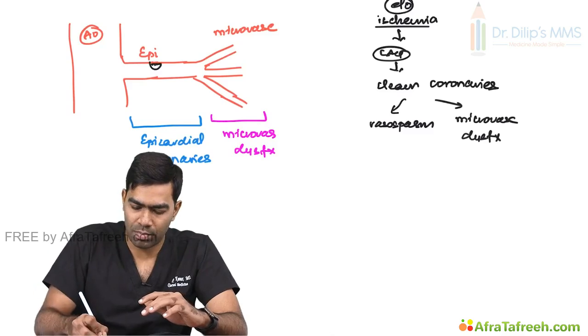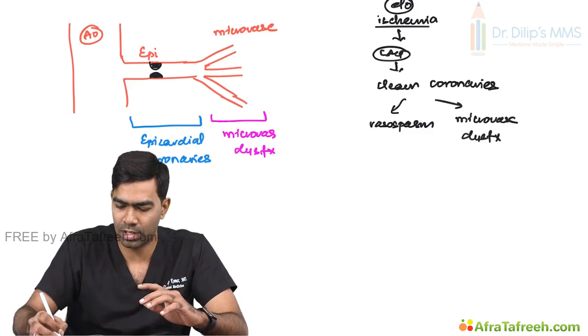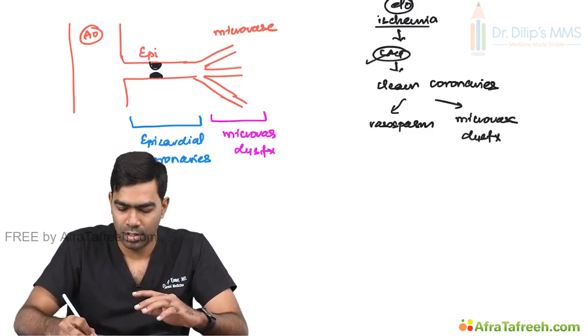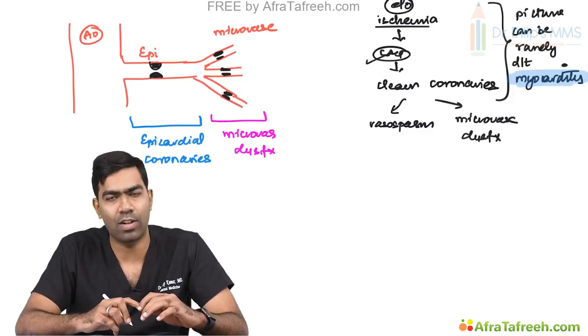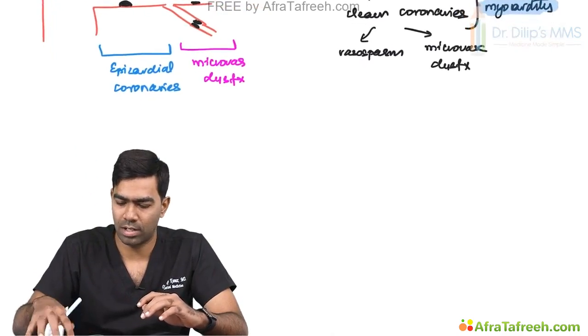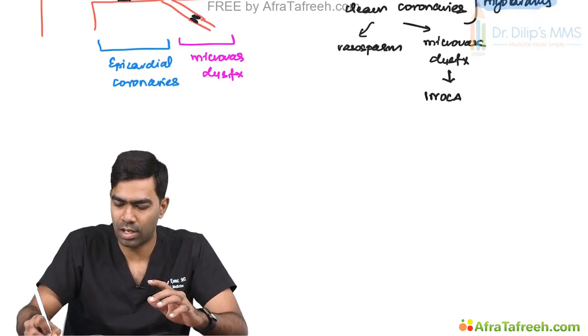So apart from significant stenosis of the epicardial vessels, which can be assessed by the coronary angiogram, there could be microvascular dysfunction, which cannot be assessed by coronary angiogram, and can also produce certain problems in clinical cardiology like INOCA and MINOCA.